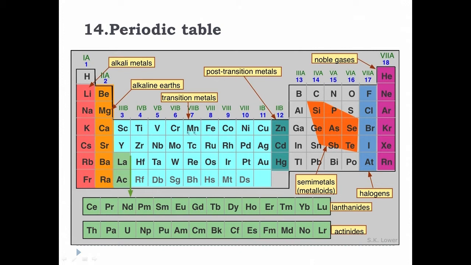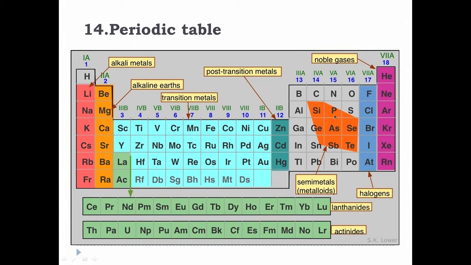Then we have transition metals in green, and then boron on the right side in the corner. In pink, we have helium, neon, argon. These are the inert gases. Then fluoride, chloride, bromide, iodide and astatine, these are the anions, generally known as halides.